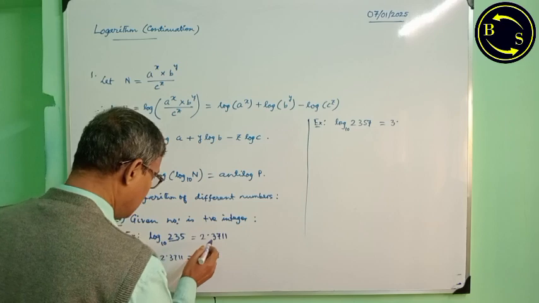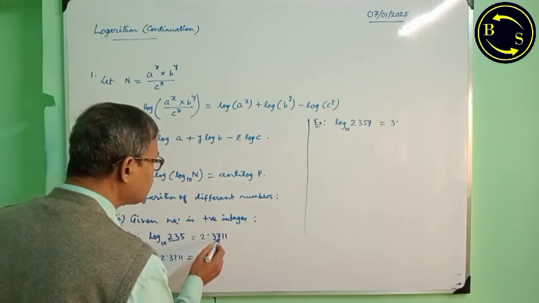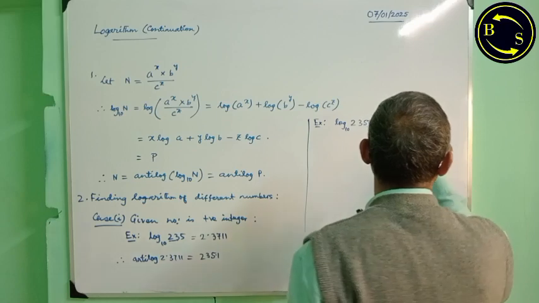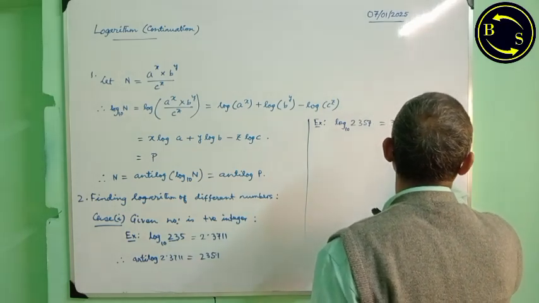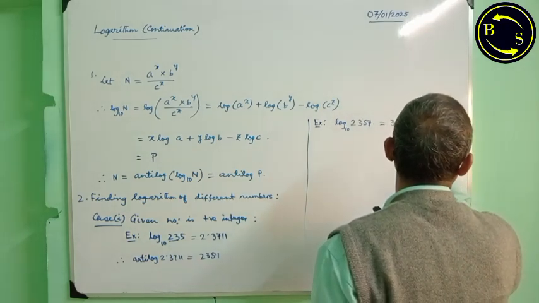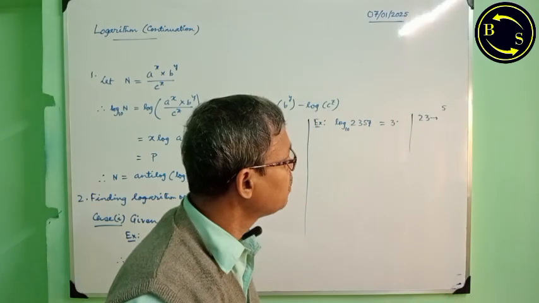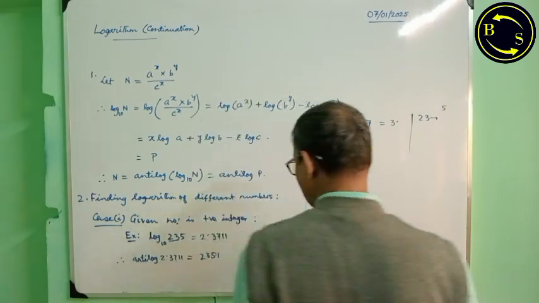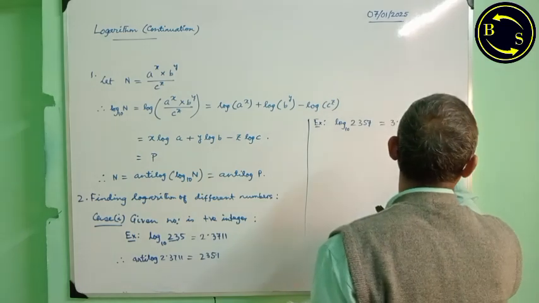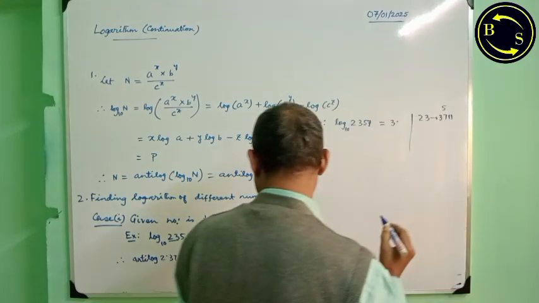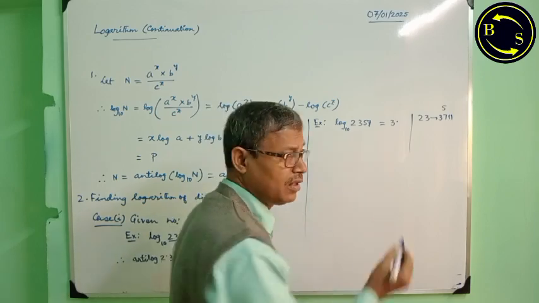For 5 the number is 3711. I write here 2, 3, then 5. The column started with 5. We have 3, 7, 1, 1. Then there is another 7.